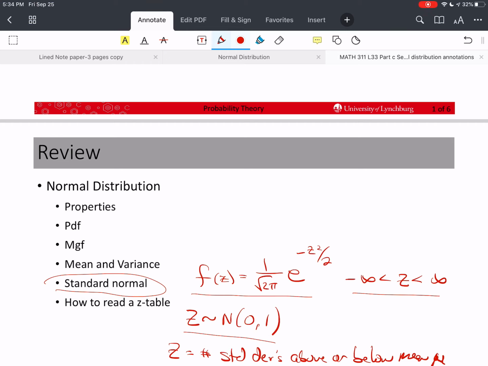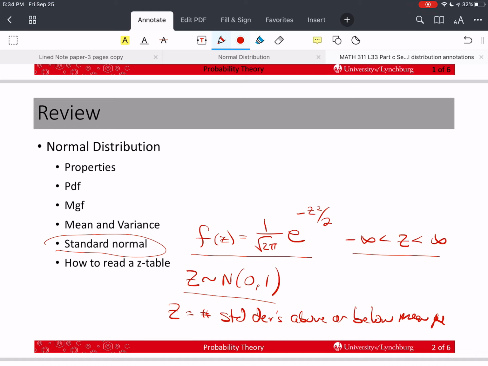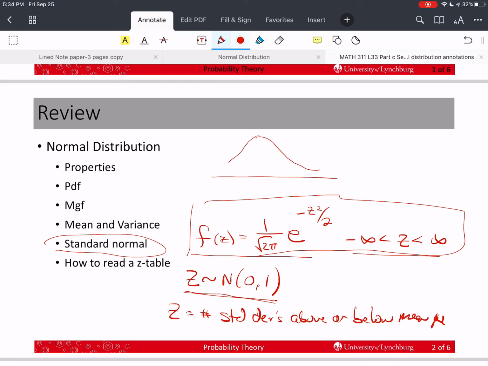So I want to remind you that the PDF of the standard normal goes from negative infinity to positive infinity. Z is normal 0, 1, so that means it has a mean of 0 and a standard deviation of 1, or a variance of 1, same thing.